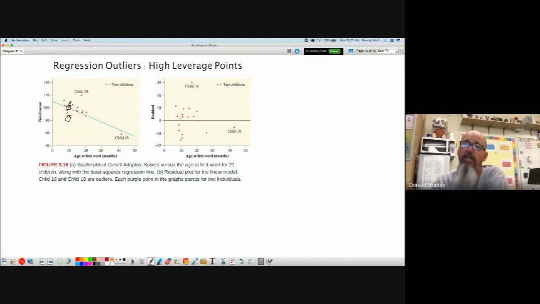So how do you put two dots on the graph if they're in the same location? We deal with that by using a different color, or sometimes a different symbol, like triangles instead of circles, to represent that the point is representing two data points rather than one.